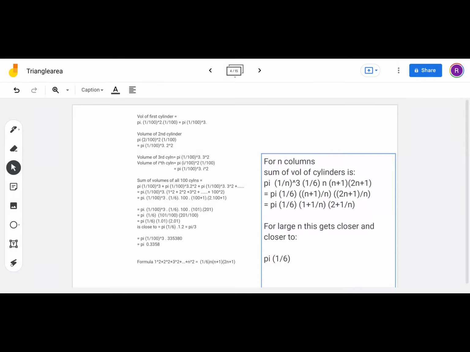Okay, who said that? Can you raise your hand? Whoever spoke? Madhumita, yeah. Can you repeat what you said? Pi into 1 by 6 into 2 by n into 3 by n. Okay, how did you get 2 by n into 3 by n? So look at this. We have pi into 1 by 6 into 1 plus 1 over n. Do you see the brackets?